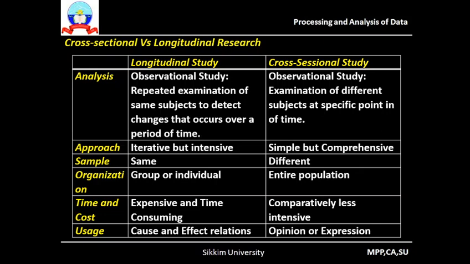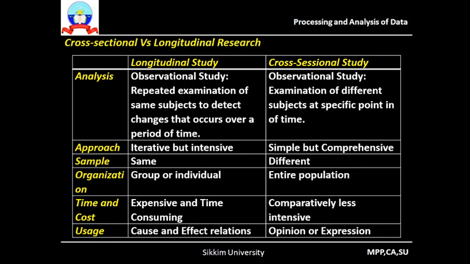Both cross-sectional and longitudinal research are observational studies. But in case of longitudinal research, we repeatedly examine the same subject to detect changes that may occur over a period of time.